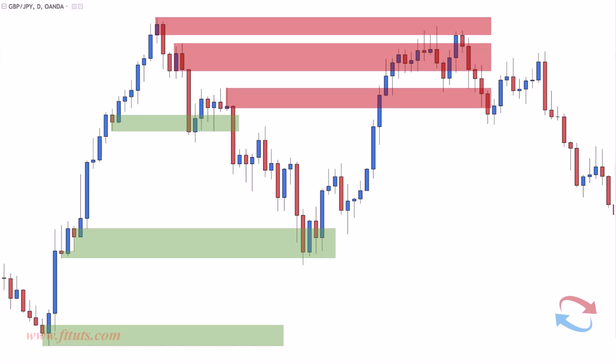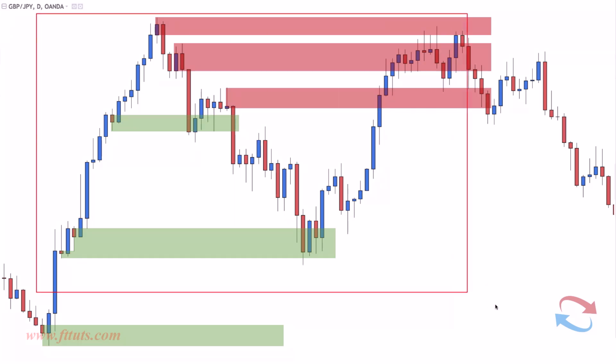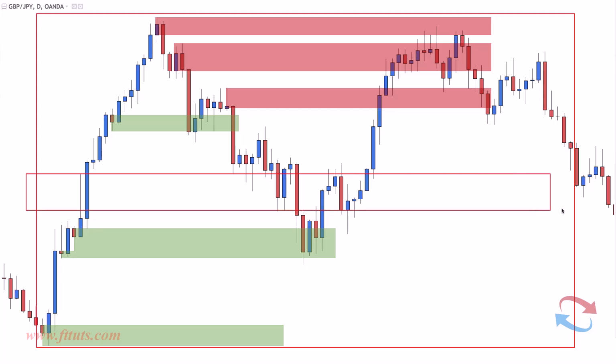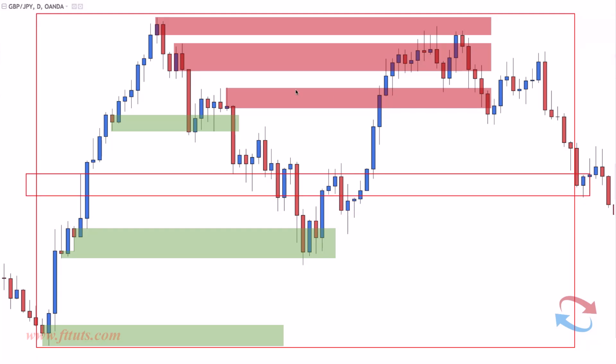So let me just bring out a tool. Right, so we've got between here and here, that is the range. Around here is roughly fair value. So anywhere above this level, if we were looking to be buyers of the Japanese yen or shorters of the pound, this would be the area we want to really look to trade at the best levels.